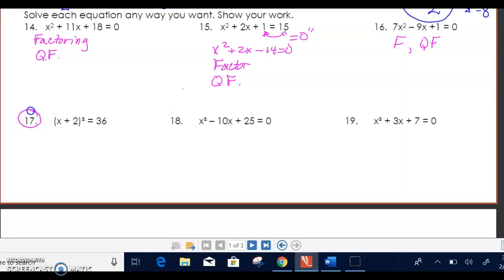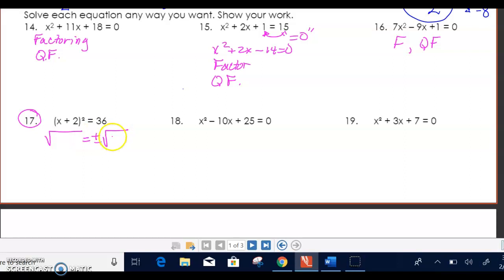This is set up for me to use the square root method because I have something squared equal to a number. And when it's in that format, you can use the square root method. So let's actually work this one out. Something squared equal to a number. I'm going to square root both sides.